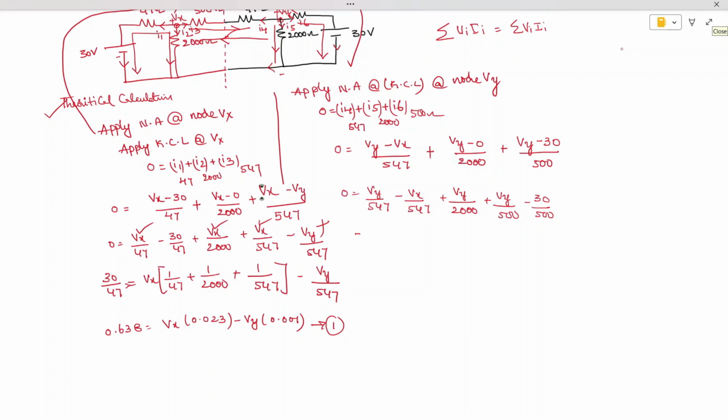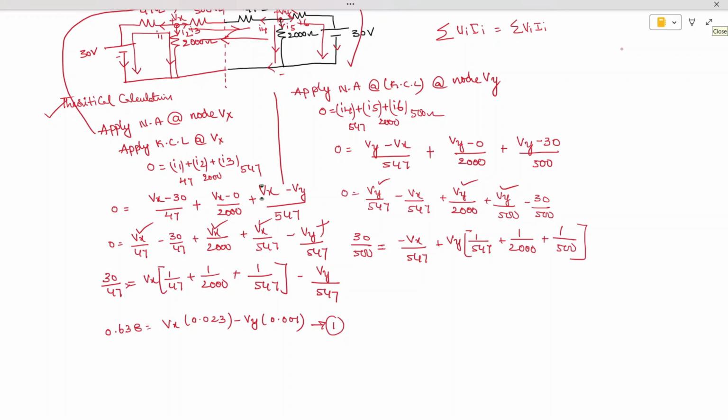So when you write it down, 30 by 500 is equal to minus Vx by 547. Okay, so Vy term I'm taking as common, which is 1 by 547 plus 1 by 2000 plus 1 by 500.